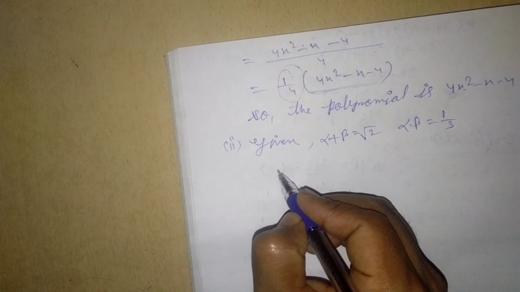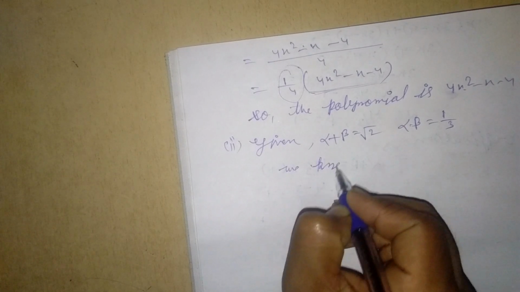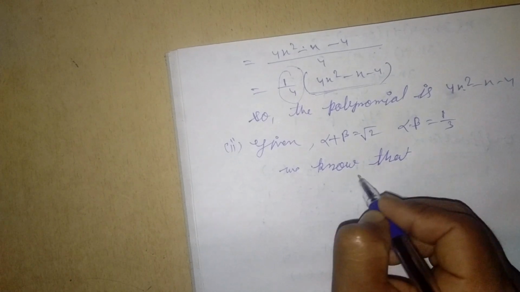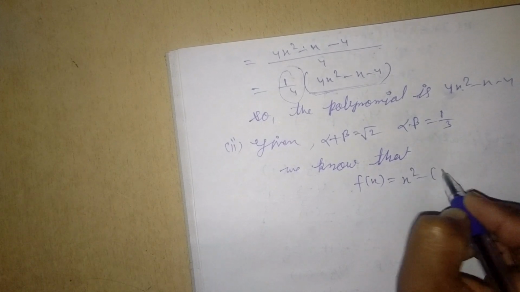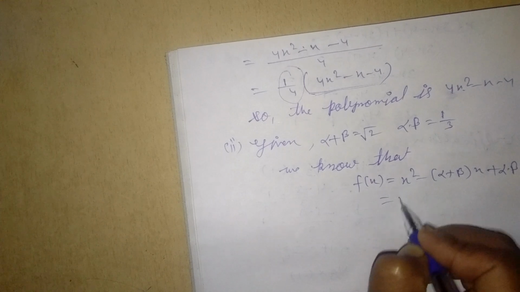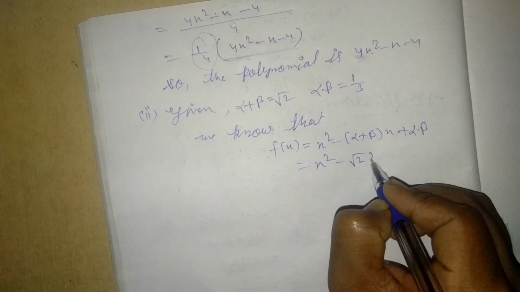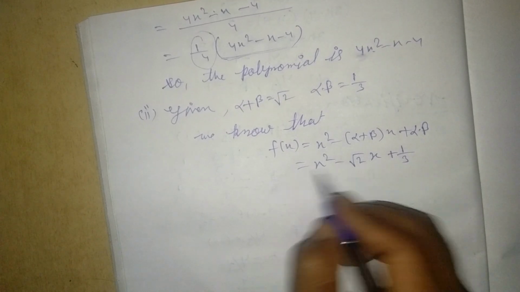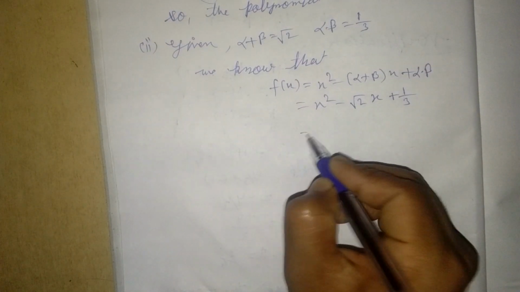Now our required polynomial, we know that f(x) is equal to, for a quadratic polynomial, x square minus (alpha plus beta) x plus alpha beta. Now write x square minus root 2 x and also plus 1 upon 3.